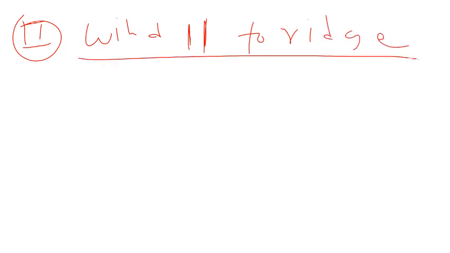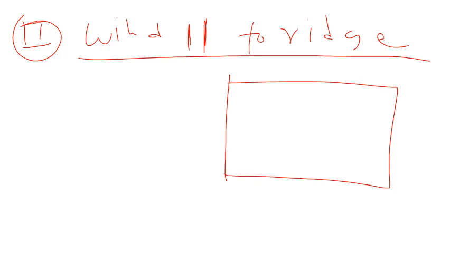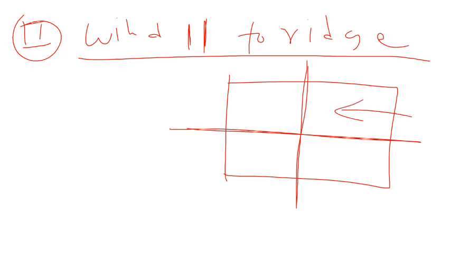Wind parallel to ridge. This sign is for wind parallel to the ridge, right? So in this case I will draw the plan again. This is the plan of the building. This is the ridge, and this is the lengthwise midpoint of the building. So wind is flowing this way.